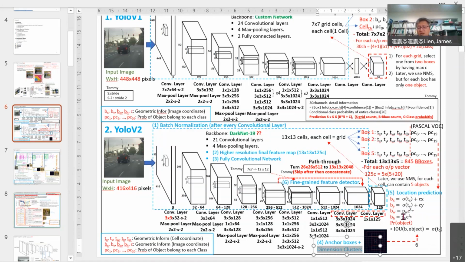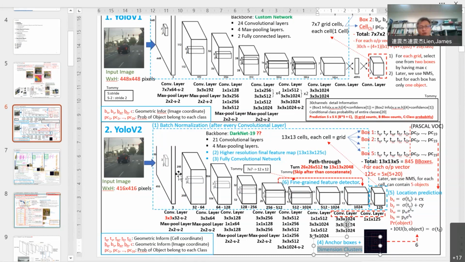And number 5 is that they do normalization for the bounding box parameters. Number 6 is that they have a shortcut here to get more detailed information from here.